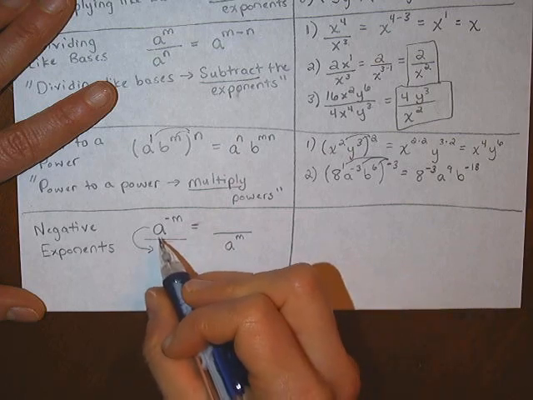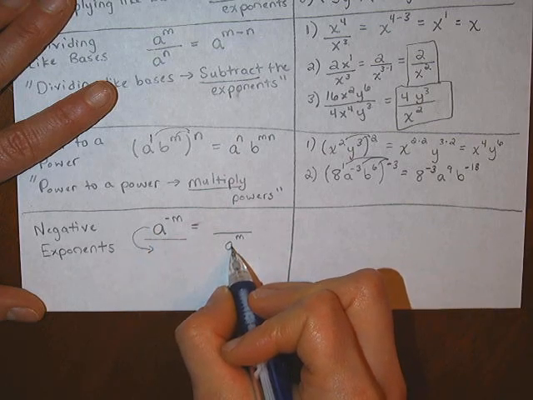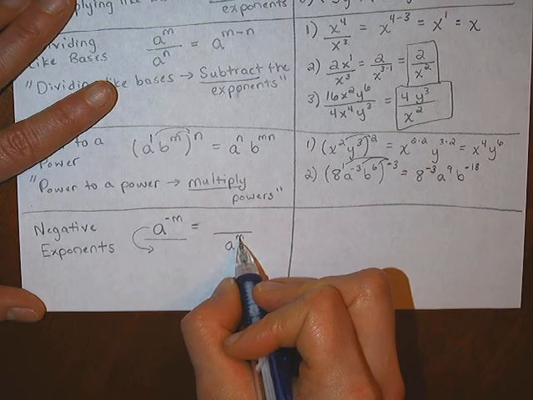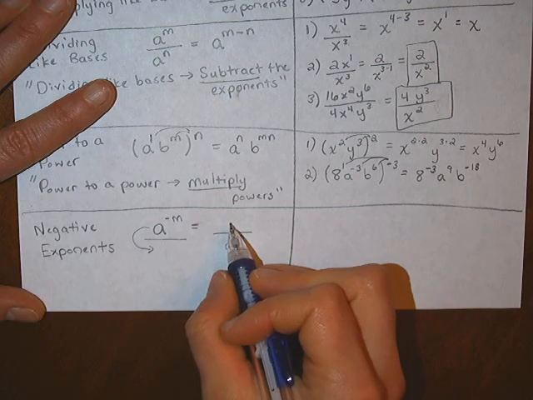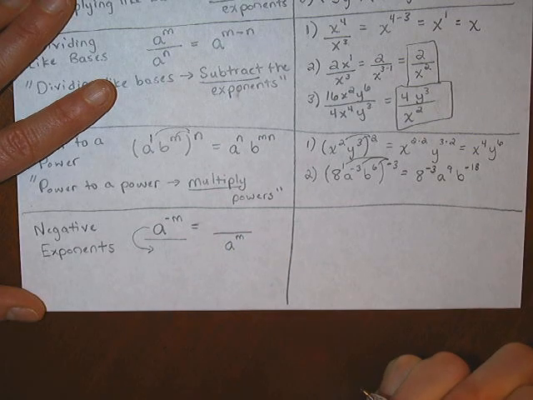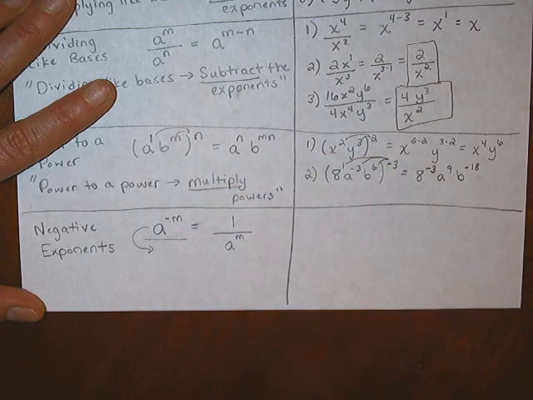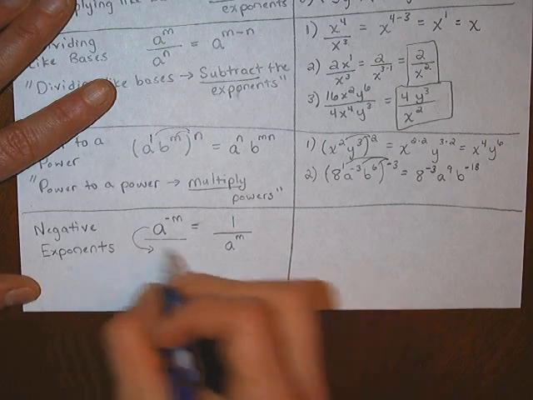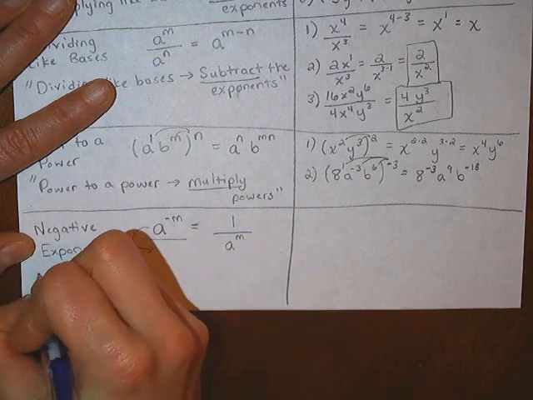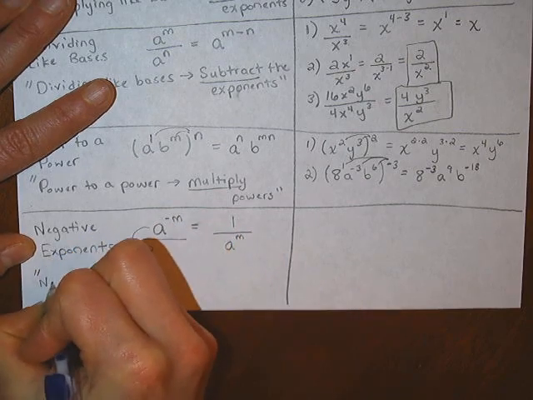And so notice when I moved it, now it's a to the m power. Okay, and now you might say, okay, well, we don't have anything on top of the fraction. Well, remember, if you don't end up with something on top of the fraction, you just put a 1 on top.